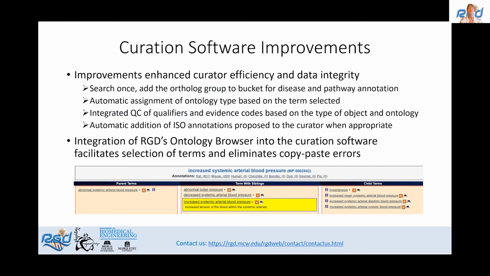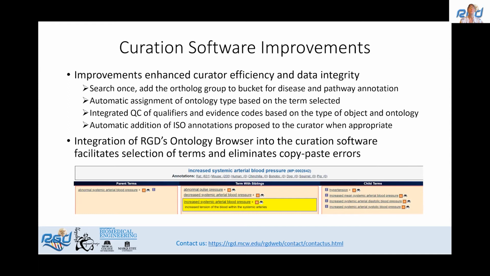So there have been several software improvements that have been done over the years since that first round of curation software. One of them is to be able to search for one gene, for instance, and add the whole ortholog group into the bucket if we're going to try to do disease and pathway annotation, for instance, across rat and human.